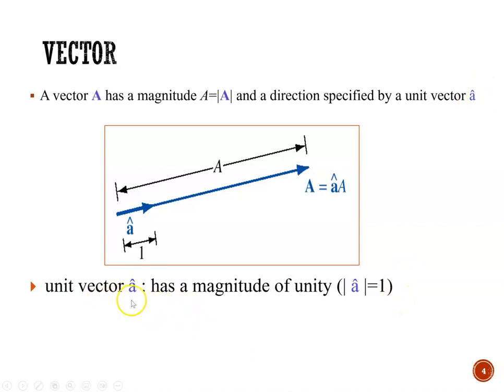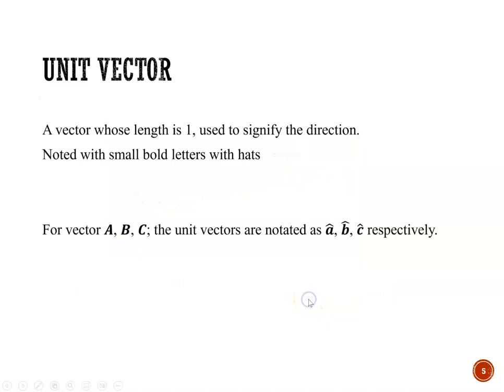So unit vector a has a magnitude of unity. A vector whose length is 1 is used to signify the direction, denoted with small bold letters with hats. For example, if you have vector A, the unit vector would be a small a bold with a hat.